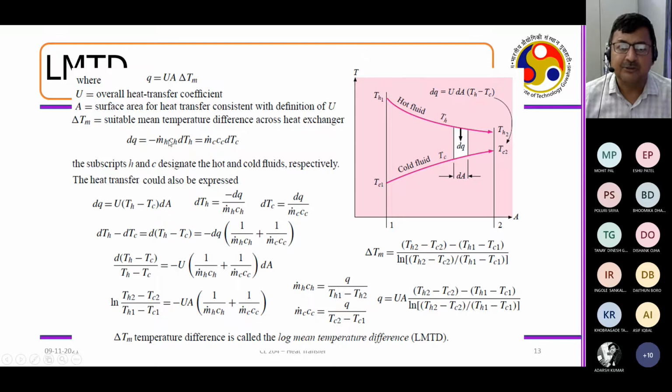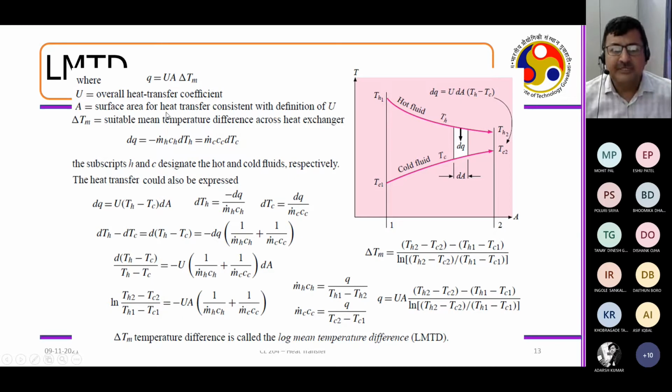Now dQ, we also know that the hot fluid is rejecting m dot CH dTH, whereas the cold fluid is receiving m dot CC dTC. The hot fluid is losing, that's why it is minus, and the cold is receiving, that is why it is plus. Correct? Now we can write dQ is equal to U into TH minus TC, the differential element, into dA.